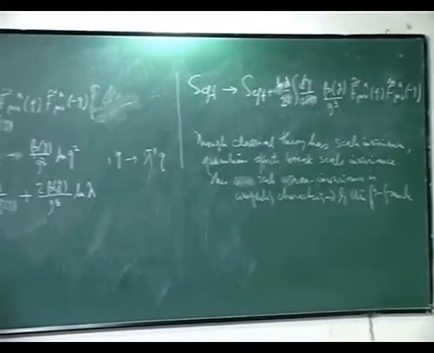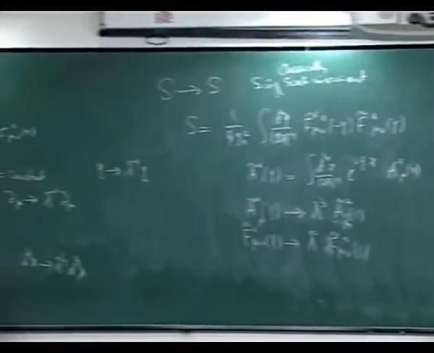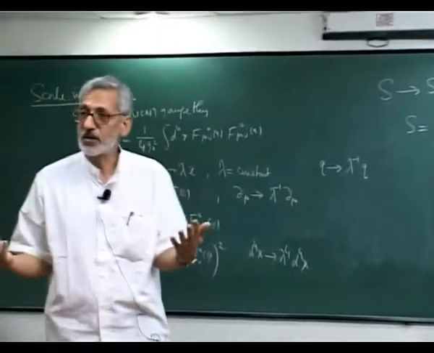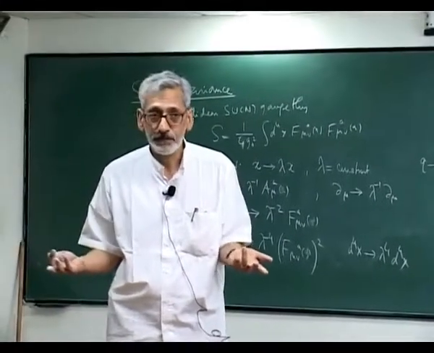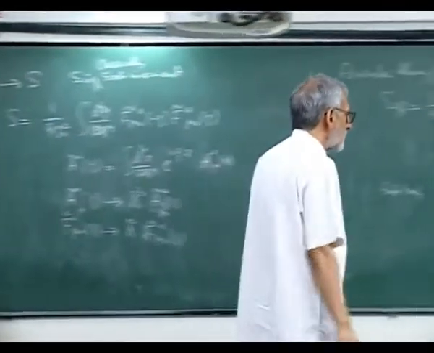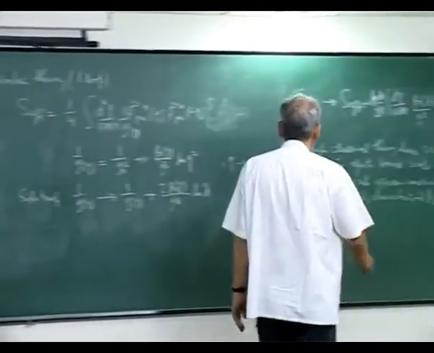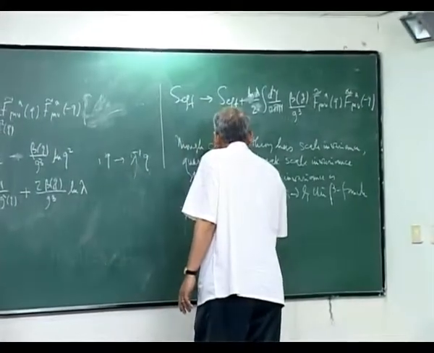So this is an interesting but somehow strange property, that you have a theory which has a classical invariance, but in the quantum theory you lose that invariance. So this is an example of what are called anomalous invariances.